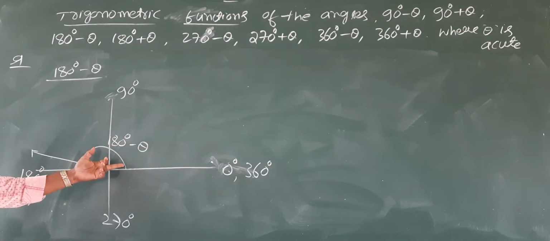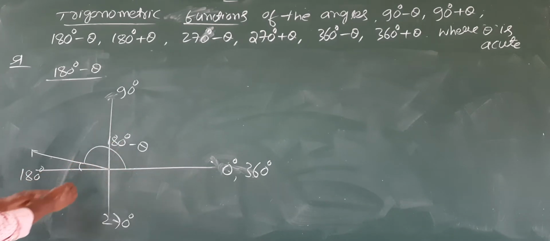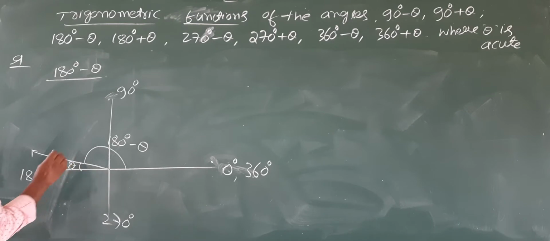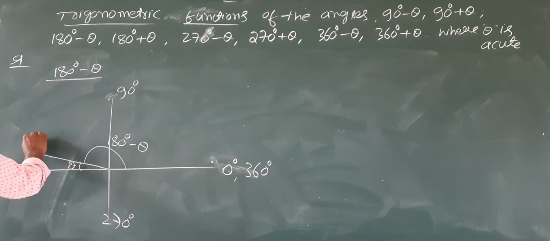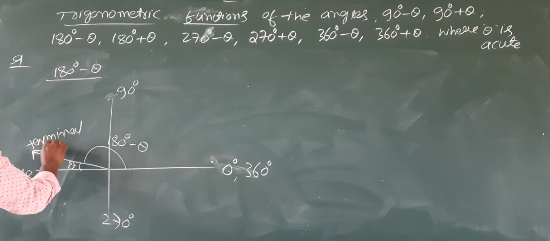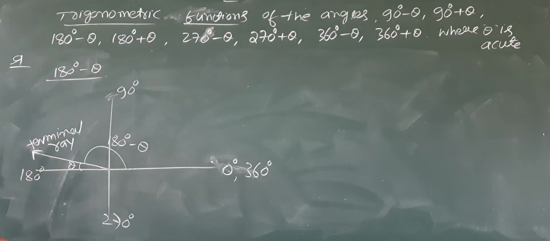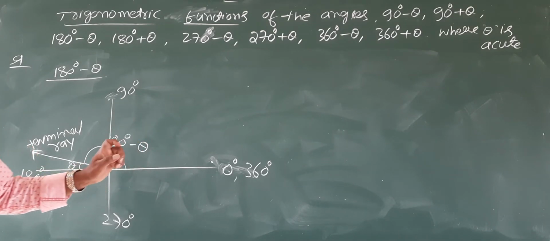So if this measure is 180 minus theta, what about this measure? Theta. This is the terminal ray. Now tell me the relative angle, the reference angle.